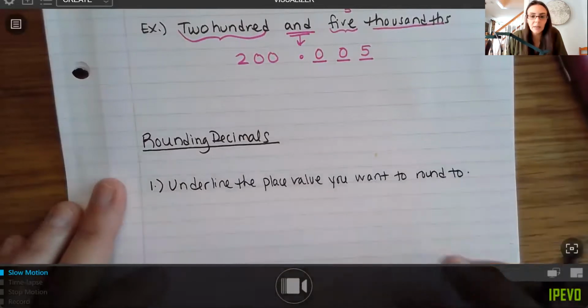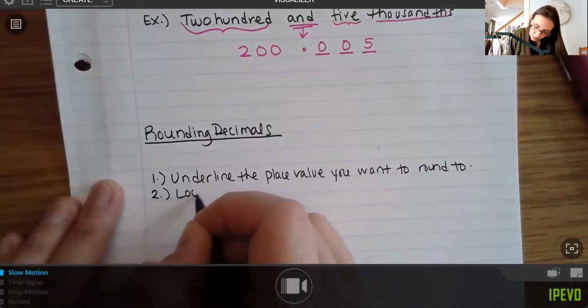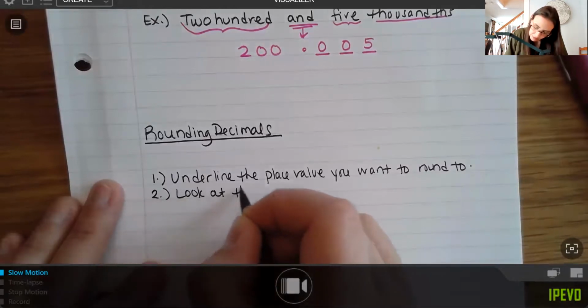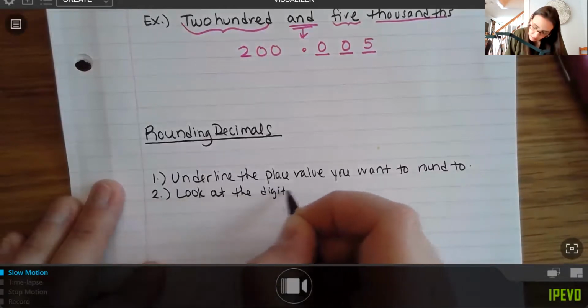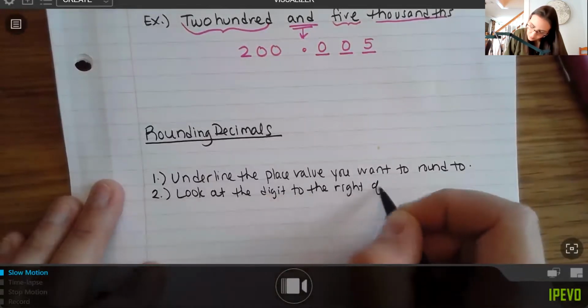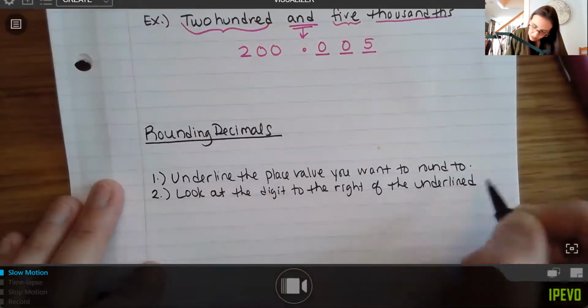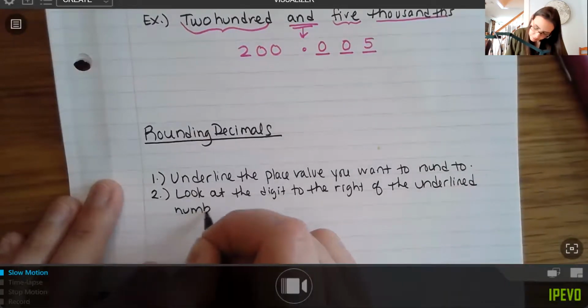Okay, so we're going to underline the place value you want to round to. And then you're going to look at the digit to the right of the underlined number.